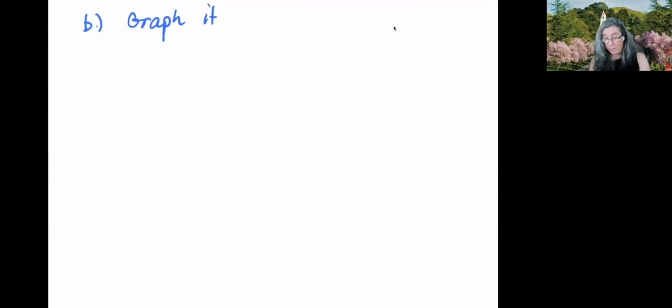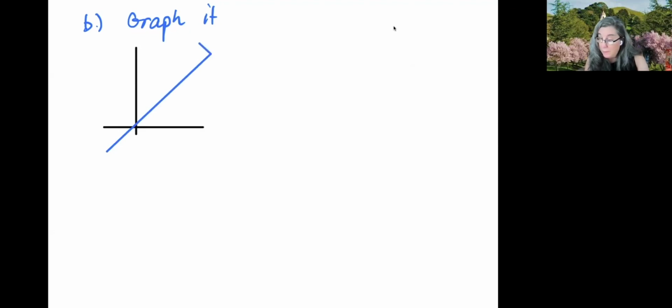I'll graph it. I think I have some nice ways to make straight lines here. You'll just have to eyeball this. You might have lined paper, of course, so you're just going to eyeball this on your paper. Oops, I want the slope to be a bit more up than that.